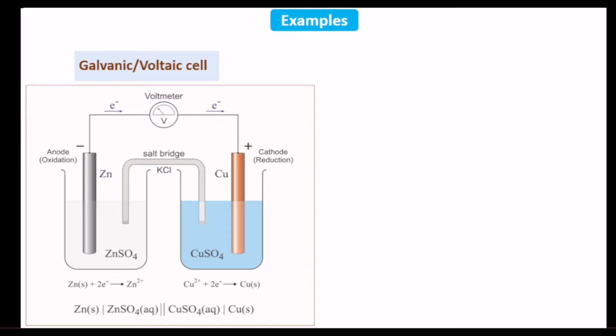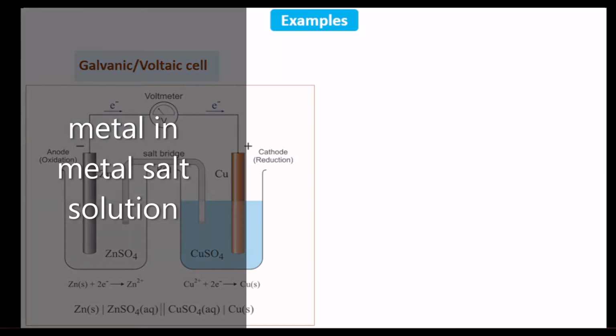One container contains one type of metal salt solution; here we can see the zinc electrode in a zinc metal salt solution, and the copper electrode in a copper salt solution. So the electrode must be the same metal as the cation of the salt solution.